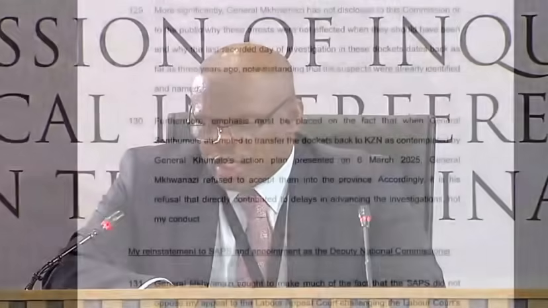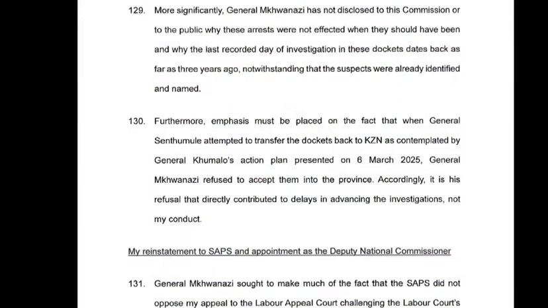But be that as it may, in paragraph 129, more significantly, General Mkhwanazi has not disclosed to this commission or to the public why these arrests were not effected when they should have been, and why the last recorded day of investigation in these dockets dates back as far as 3 years ago, notwithstanding that the suspects were already identified and named.